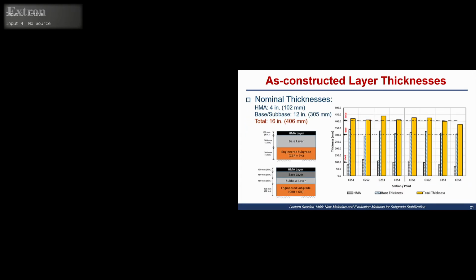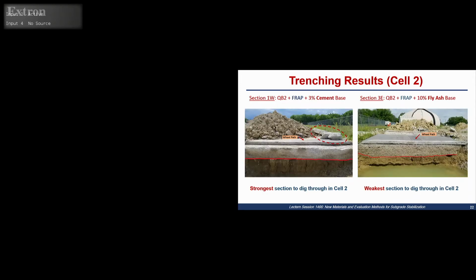So, quickly showing the results from these activities: by trenching and coring, we were able to get the thicknesses of each layer, which is important later on because we're doing some modeling on the test sections to measure responses, so we need to know those thicknesses, and also for FWD back calculation purposes.